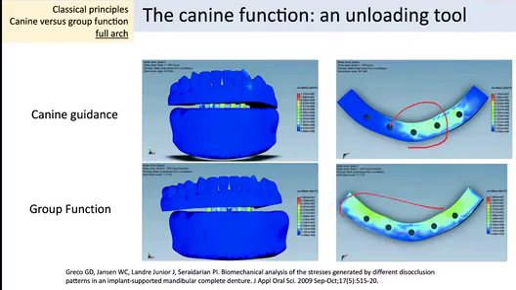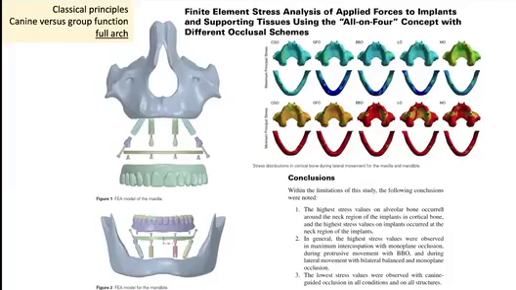With group function, you increase the forces. And there are a lot of papers to support this. The lowest stress values were observed with canine guidance in all conditions, in all structures.